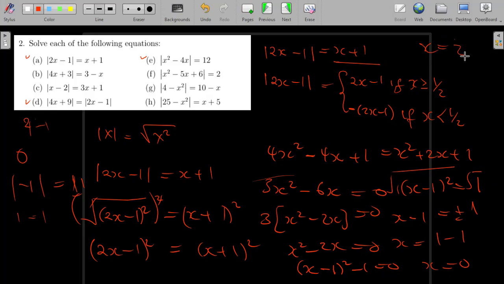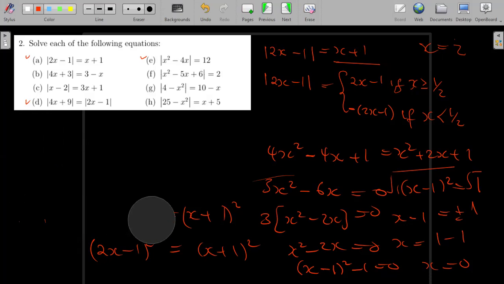It will be 1 plus 1 and 1 minus 1, which gives you 2 and 0.